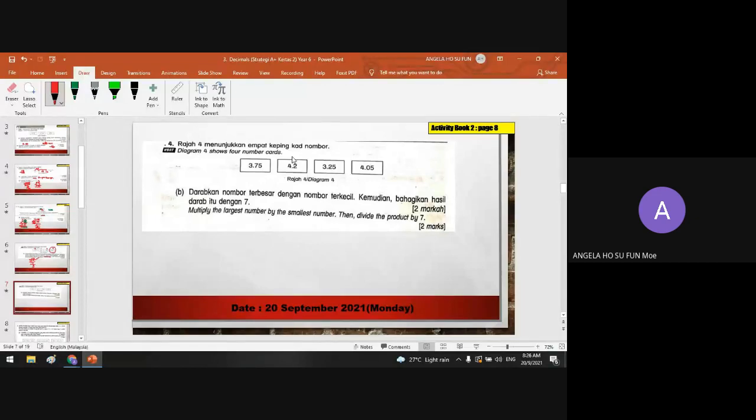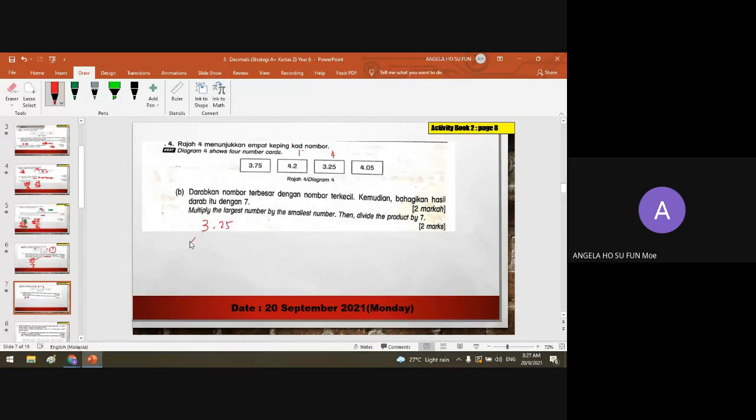Just now you see the largest number is this. The smallest number is this. So what I'm going to do is arrange this one. Since this is 3-digit and this is 2-digit, I'm going to arrange the 3-digit on top normally.